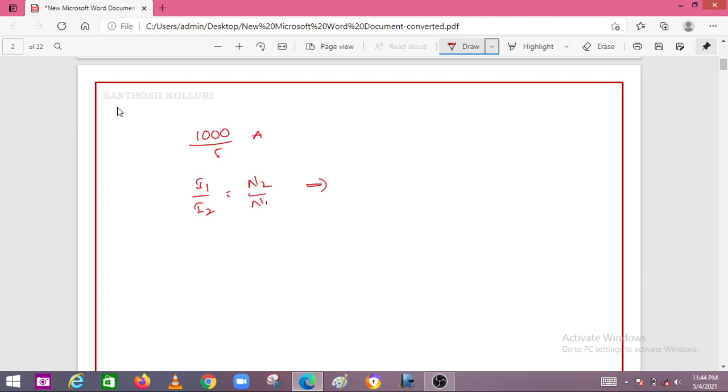Current 1000 amperes is I1, 5 amperes is I2, and N1 by N2 is equal to 1 by 200. That means N1, the turns of the primary, is 1 turn or a bar, and N2 will be 200 turns. N1 is a single turn coil or a bar or a straight rod. Therefore this transformation can be achieved.